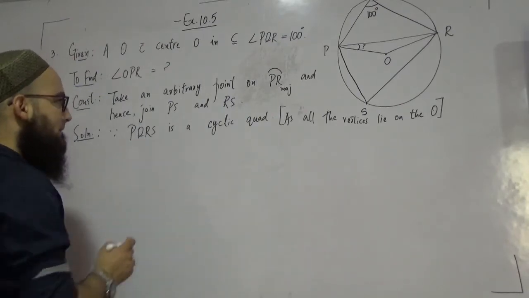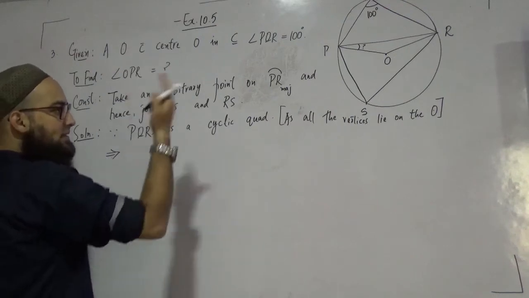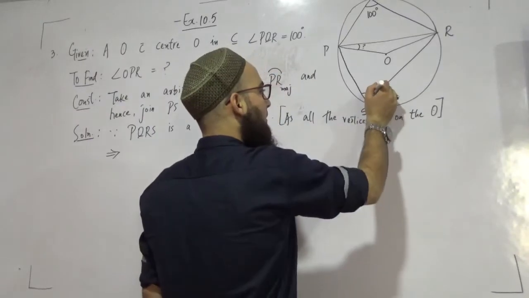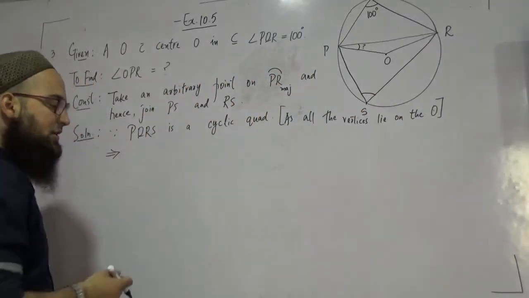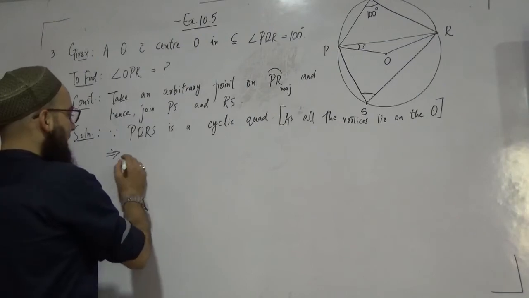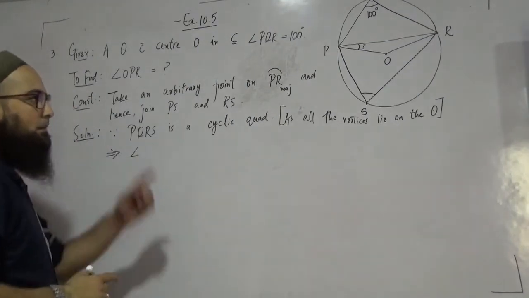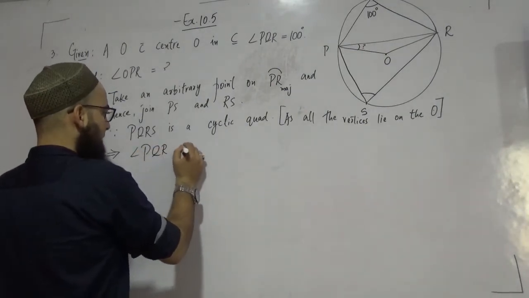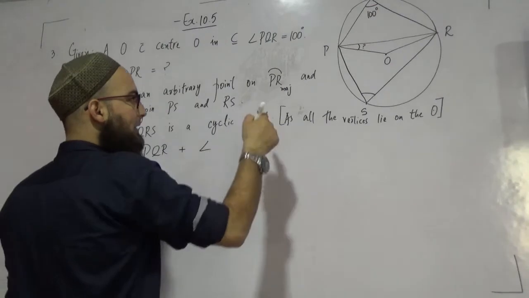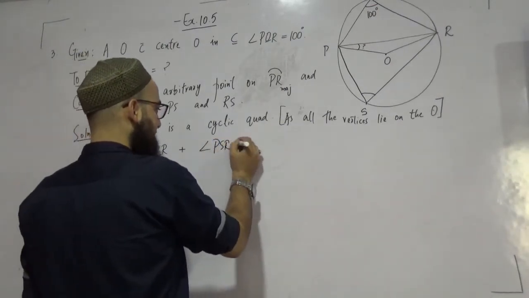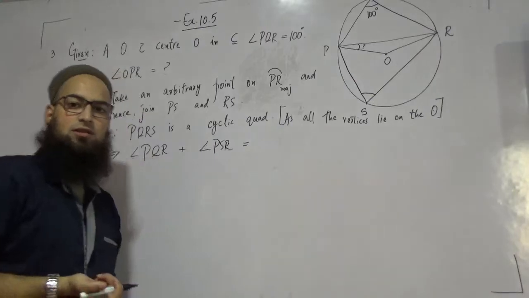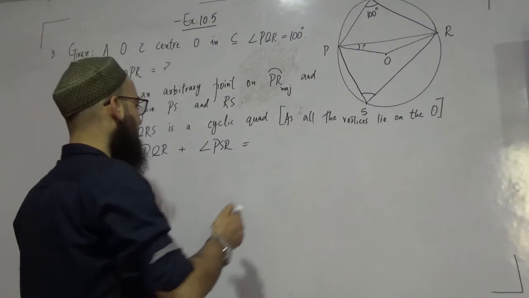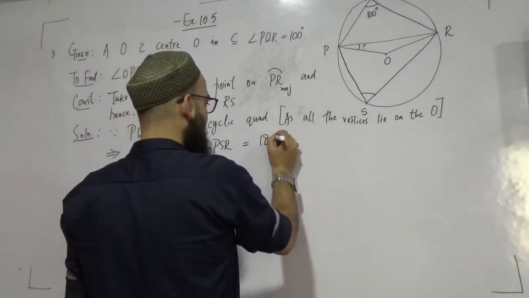Then I can say opposite angles are supplementary by the property of a cyclic quadrilateral, which implies that angle PQR plus angle PSR is equal to 180 degrees.